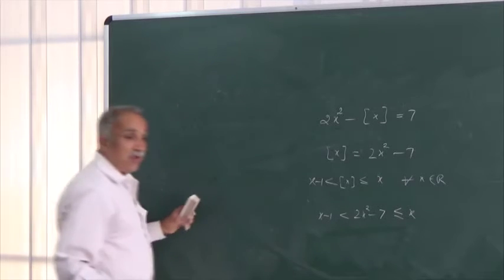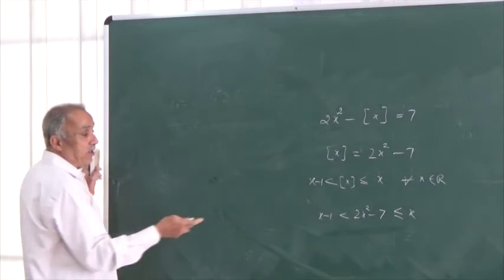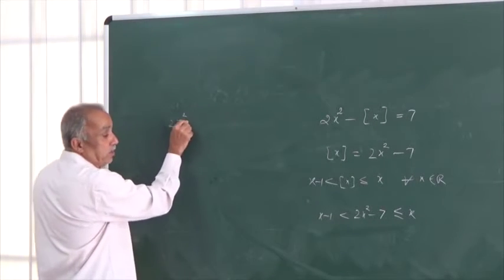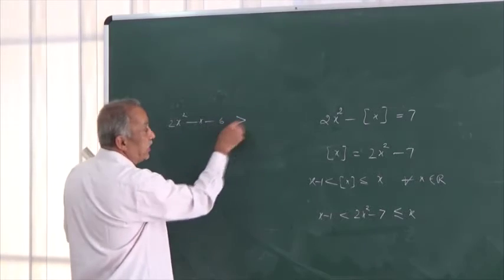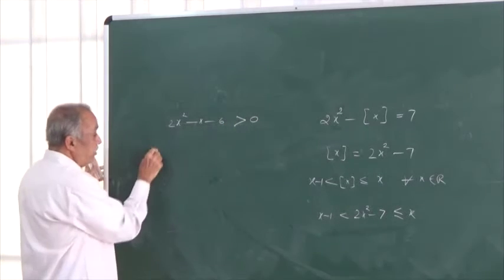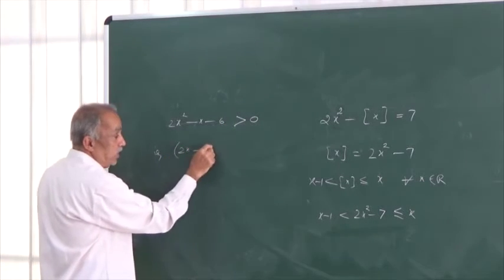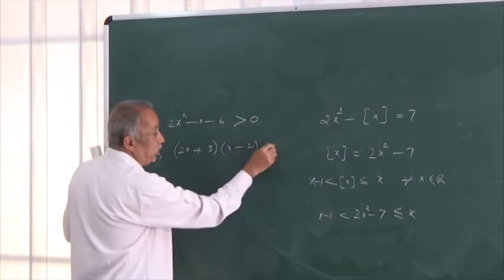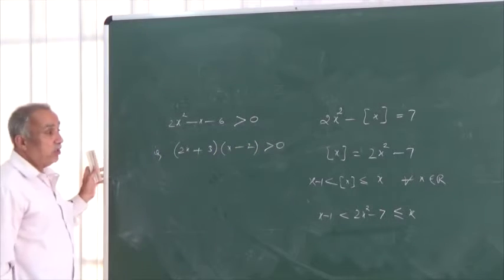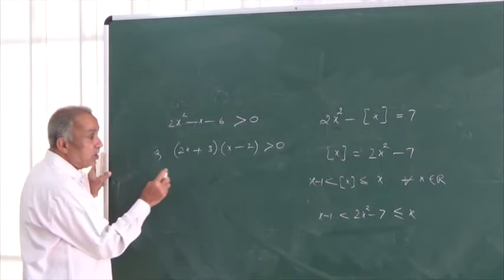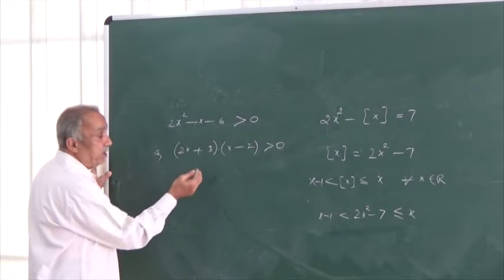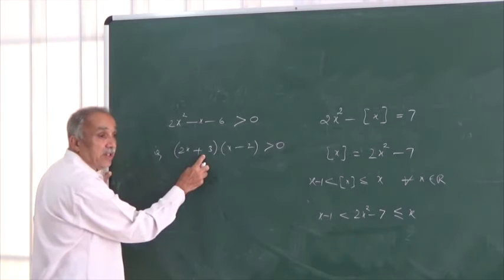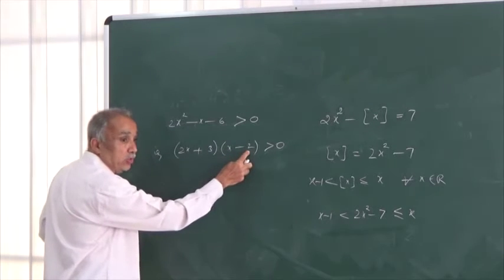Let me handle the inequalities individually. The first part means 2x square minus x minus 6 greater than 0, that is, factorizing, (2x plus 3) into (x minus 2) greater than 0, which means x must lie outside the interval minus 3 by 2 to 2, excluding minus 3 by 2, also excluding 2.